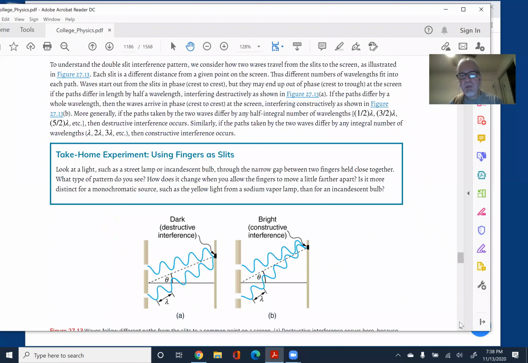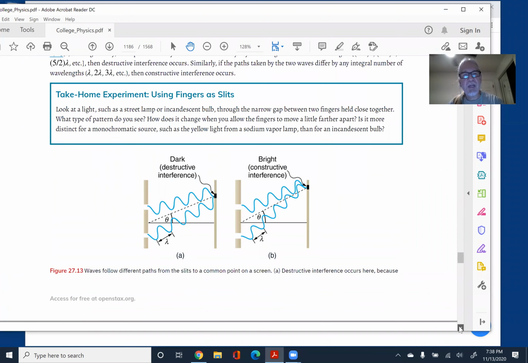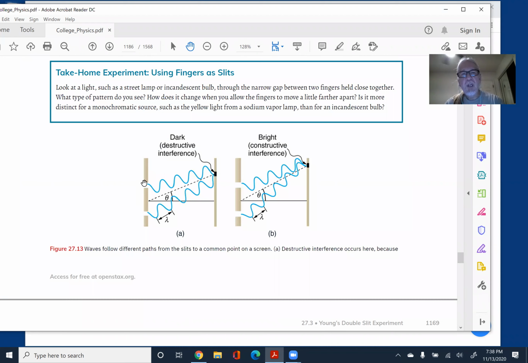One can do a little bit of math with this, and what we'll have is our 2 sources. We'll have a separation between our two slits. We'll have a screen far away capturing the light. And there will be points where the waves that come in are synchronized, and you'll have bright spots with constructive interference.